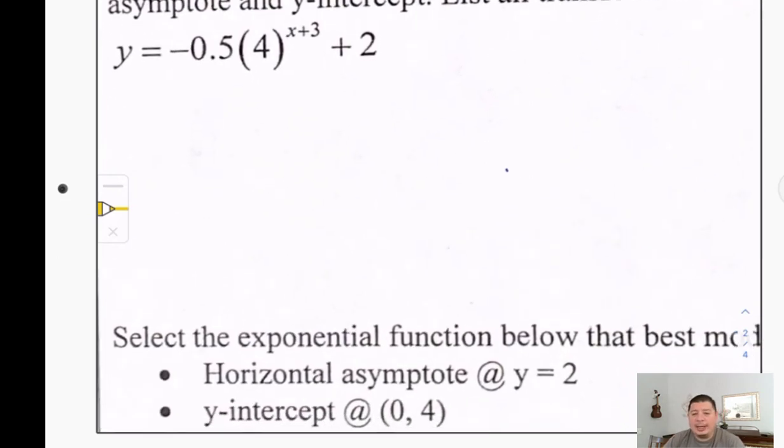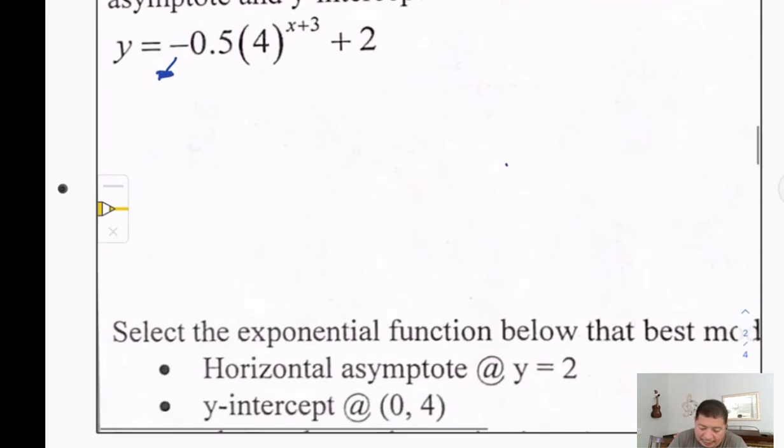Okay, so let's go ahead and start with the negative. Every time you see a negative in front of the leading coefficient, which happens to be 0.5 in this scenario, a negative is always going to denote a reflection across the x-axis. So let's go ahead and take care of that.